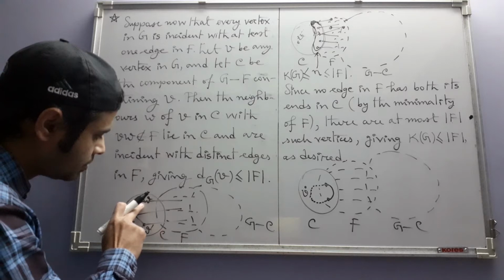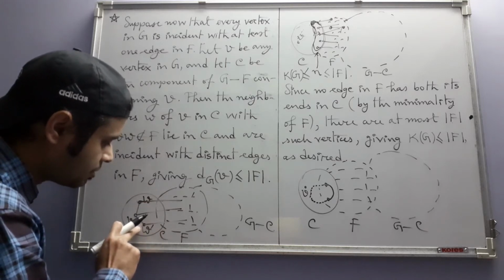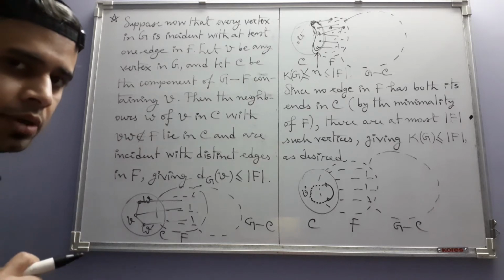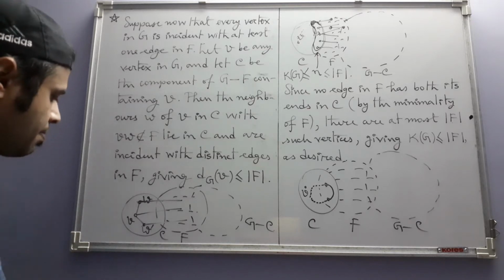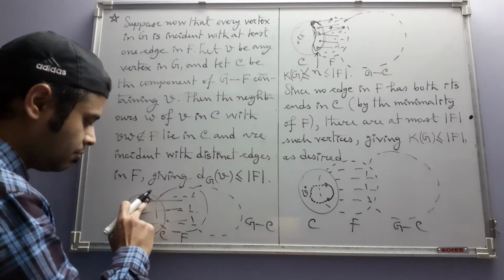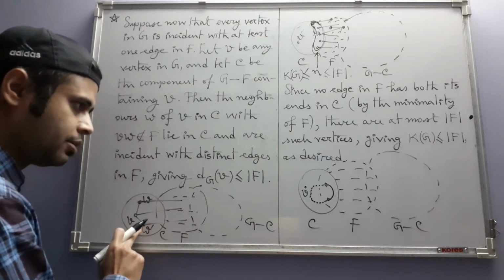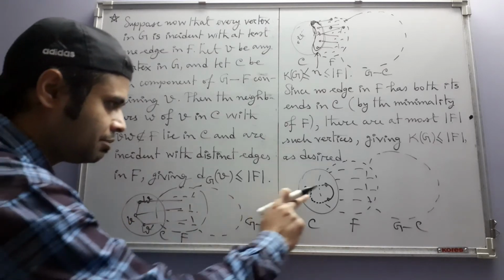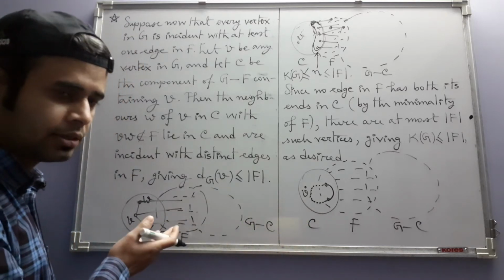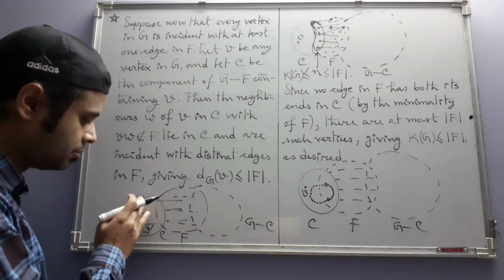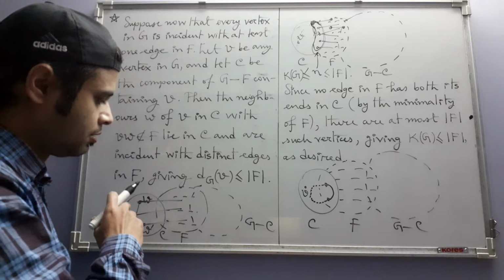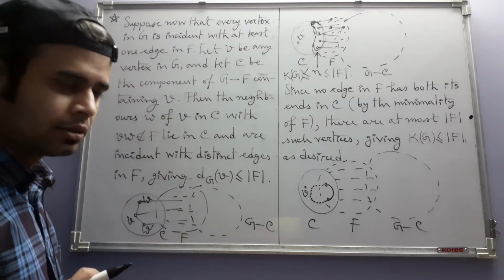Suppose this W and this W prime are incident with the same edge in F. Then that edge in F should have one end W and the other end W prime, and we will have a situation like this, which will contradict the minimality of F, because removal of that edge from F will give us a smaller F whose removal still disconnects the graph.